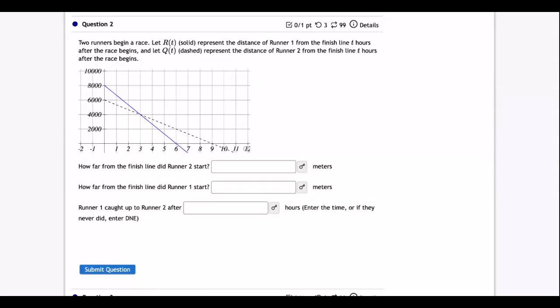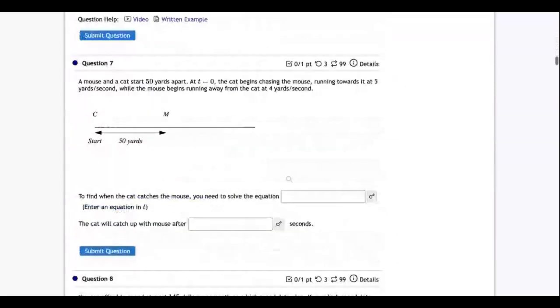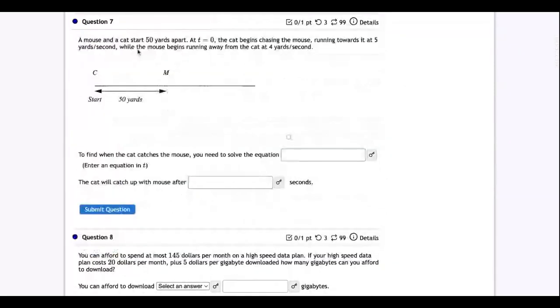Question 7. Okay, let's go to question 7. A mouse and a cat start 50 yards apart. So think this is a cat, this is a mouse. At t equals 0, the cat and the mouse haven't started yet, right?